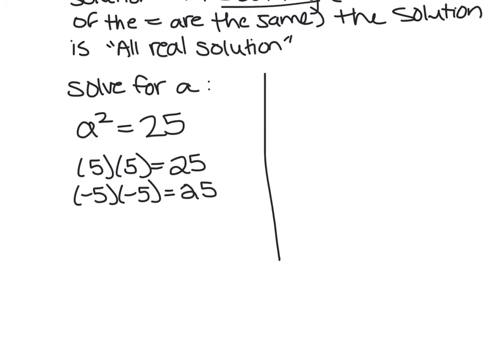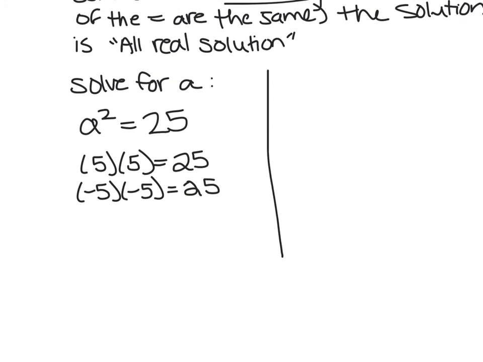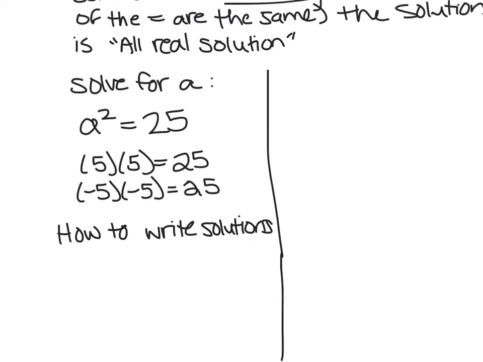So ways we could write these solutions is we could do it a few ways. The first way is pretty simple, the way you probably write every solution right now.